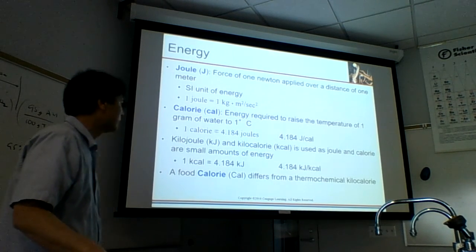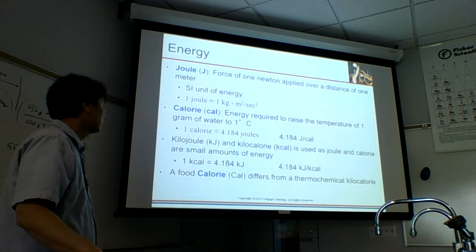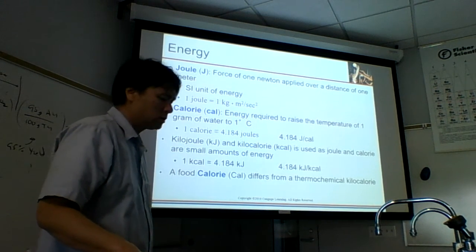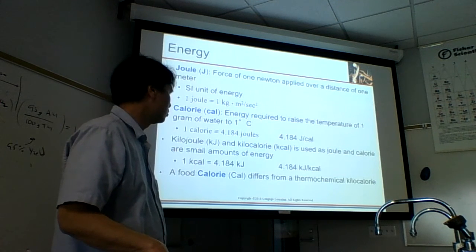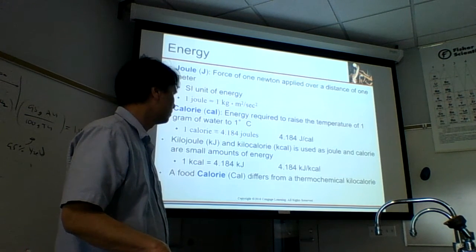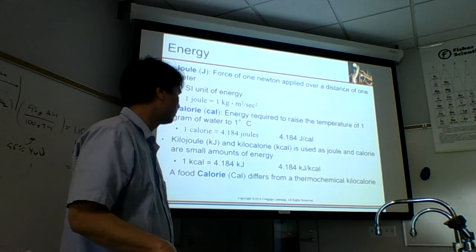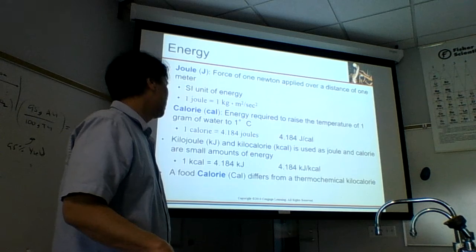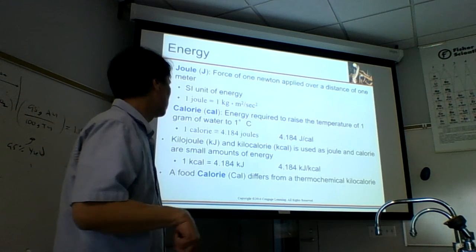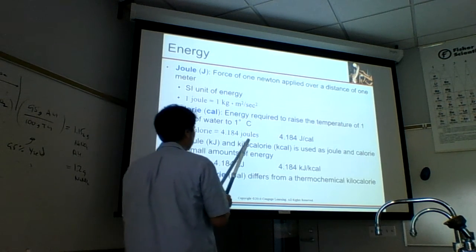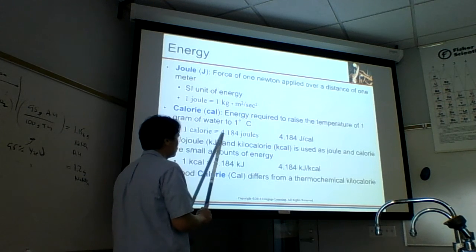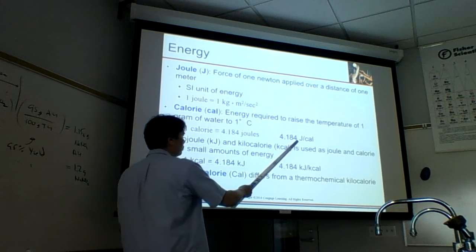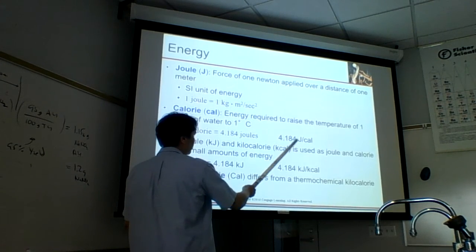That's how it's defined. If you want to do the same thing in joules, it's going to cost you 4.184 joules. So heating up 1 gram of water costs either 1 calorie or 4.184 joules. Therefore, this is a conversion factor: there are 4.184 joules for every calorie.